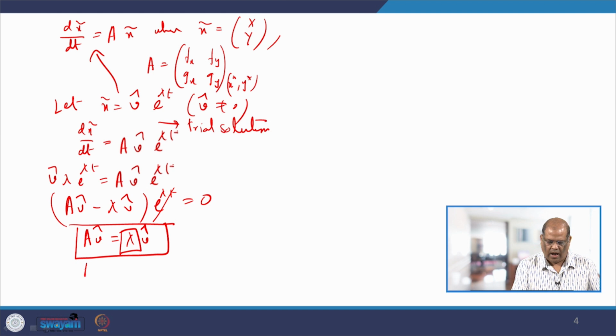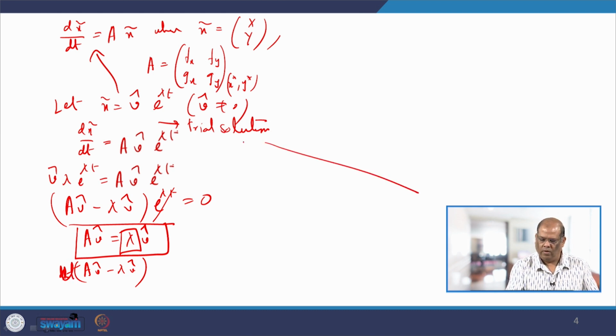We take this to the left hand side and take the determinant of that, which will give us the determinant of f x minus lambda, f y, g x, g y minus lambda equal to 0.